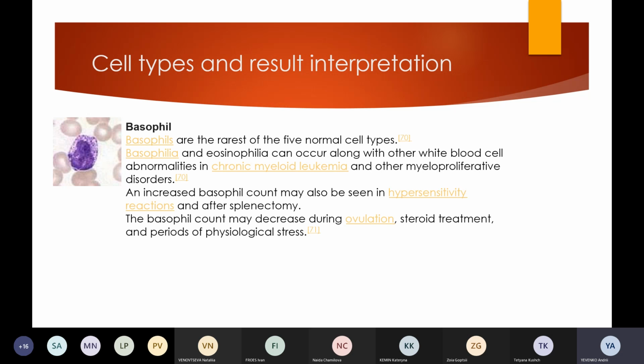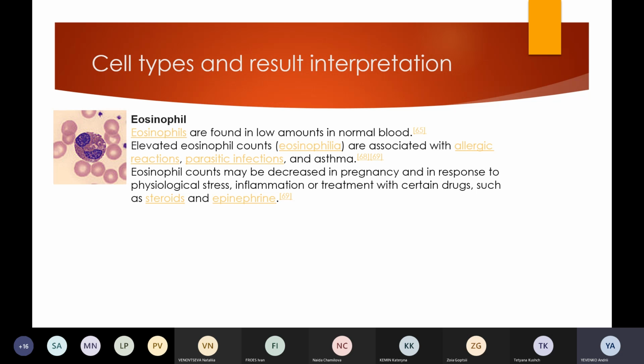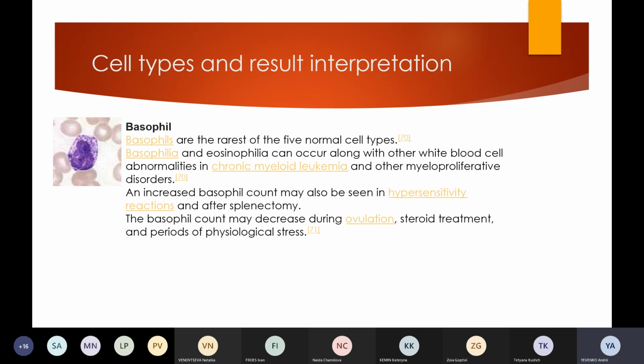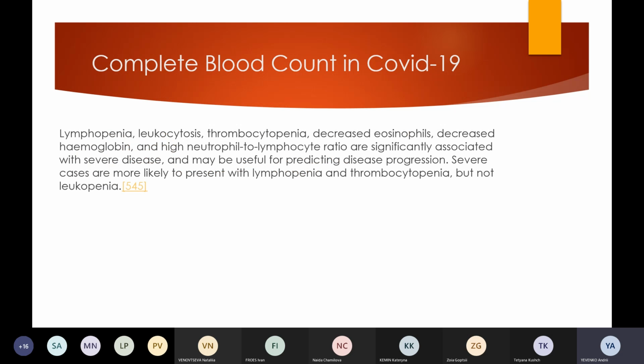They usually can increase if a person has some sort of allergic reaction. Also, tapeworm infections and parasitic infections can increase them. So everything being said about white blood cells is that they usually increase with infections, either neutrophils or lymphocytes.